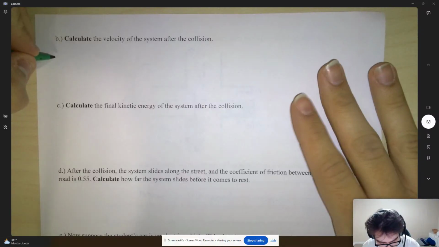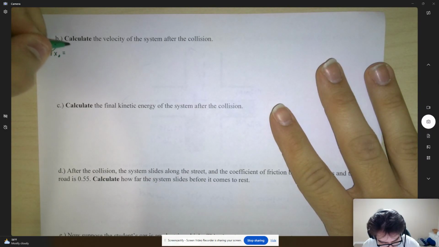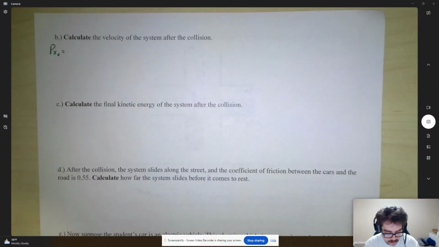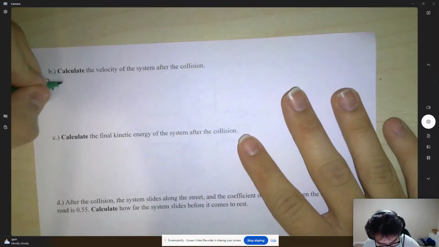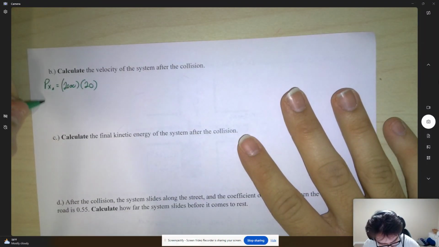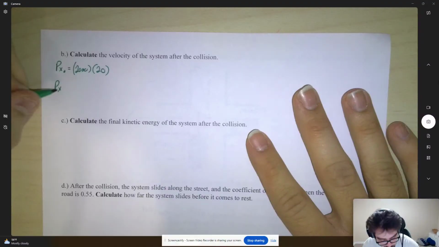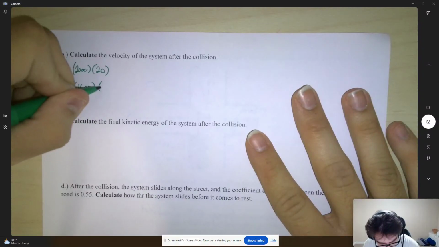So I can say the initial momentum in the x direction is going to be the mass of the truck times the velocity. So it's going to be 2,000 times 20. That should be the final momentum as well because it's conserved. The momentum in the y direction is going to be the 1,500 times 20.